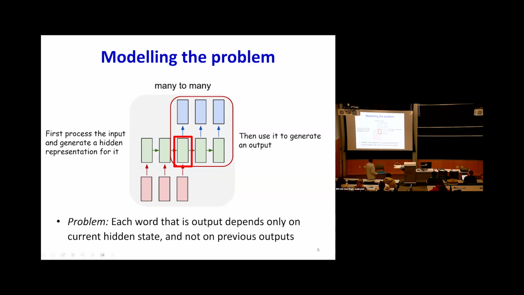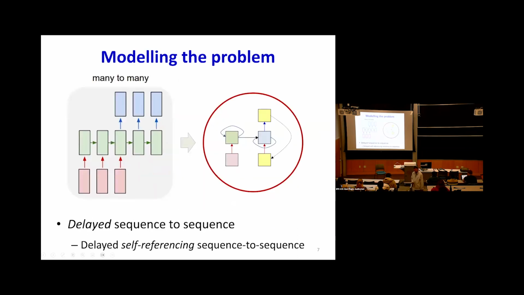The problem is that if you went about it naively, the word that you generated at any time would bear no relationship to the word that you generated at the next time. So we wanted feedback. Each word that was generated went back in to assist in the generation of the next word. This was basically the concatenation of two types of models. One was an encoder, but what was the generating system?